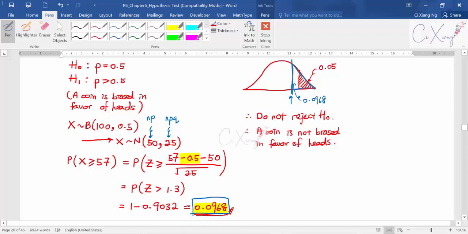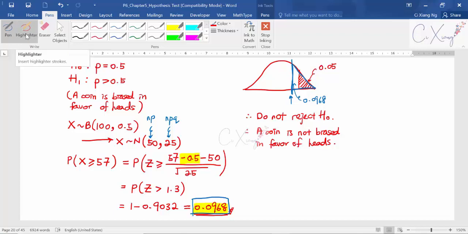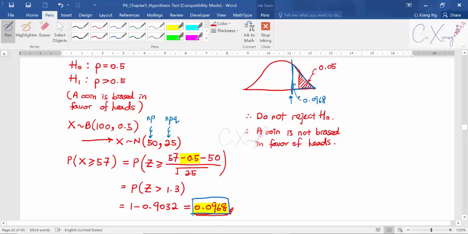Okay, so this is the complete steps. You will see that if I change binomial to normal, I'm still following exactly the same steps as in the previous video. That means I'm using the p-value method to carry out the test.